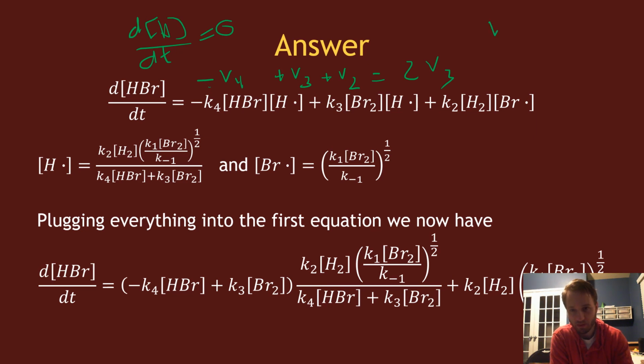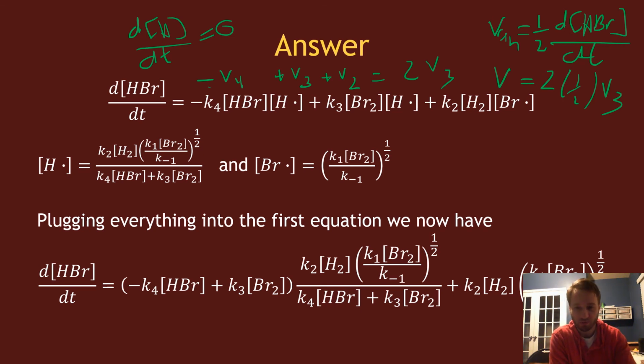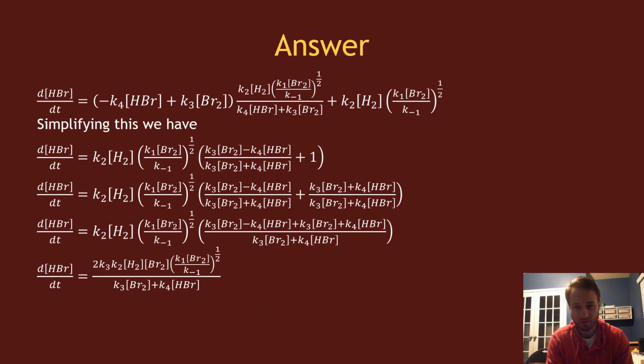The rate of the reaction is related to d[HBr]/dt, it's 1/2 d[HBr]/dt, so you get the rate of the reaction is equal to 2 times 1/2 v3, and you get the exact same answer as I did before. Now, because of how I plugged these in up here, I get this lovely expression, which requires some common denominators to simplify down. But you eventually simplify it down to get this final expression here.